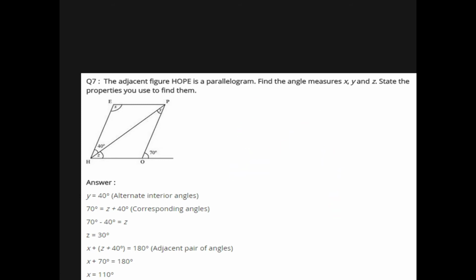Okay. Now next thing, 70 is equal to z plus 40. See, corresponding angle now we have to find out. This is a straight line and this is a transversal. Now this transversal is divided into two parts, which is 40 and z, and this is how much? 70.